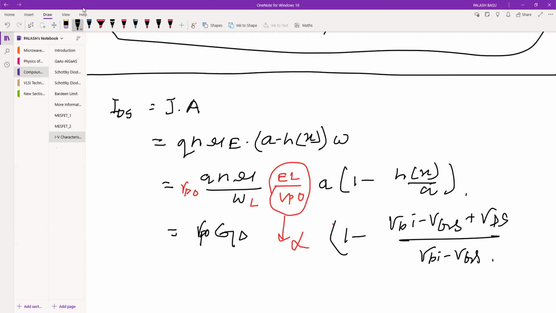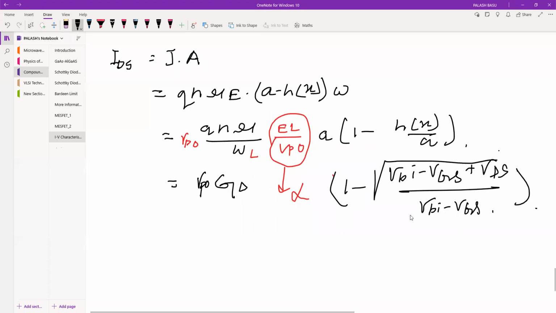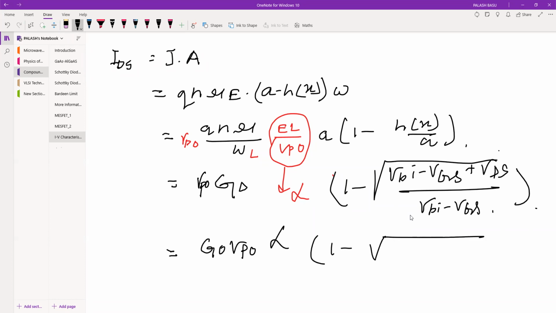Right? So all are actually a function of 3 by 2. So as per my, so V0, Vp0 into alpha 1 minus UDS.